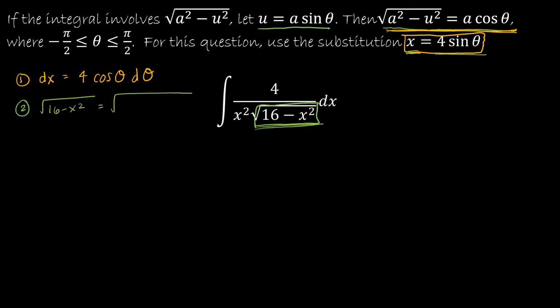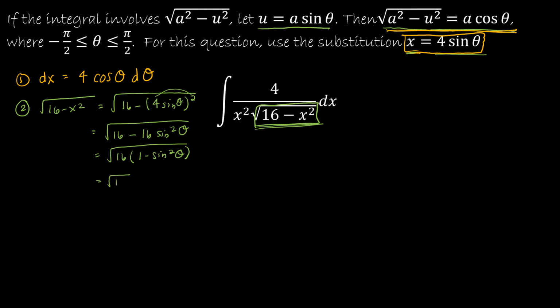So now this is 16 minus 4 sine theta, squared. If I square the 4, that's 16, and if I square sine theta, I get sine squared theta. So this is 16 minus 16 sine squared theta. I can then simplify by taking 16 out of both terms, leaving me with 1 minus sine squared theta.